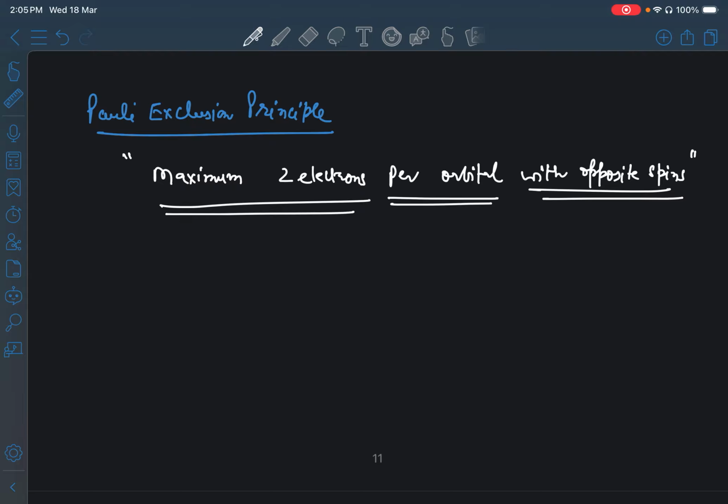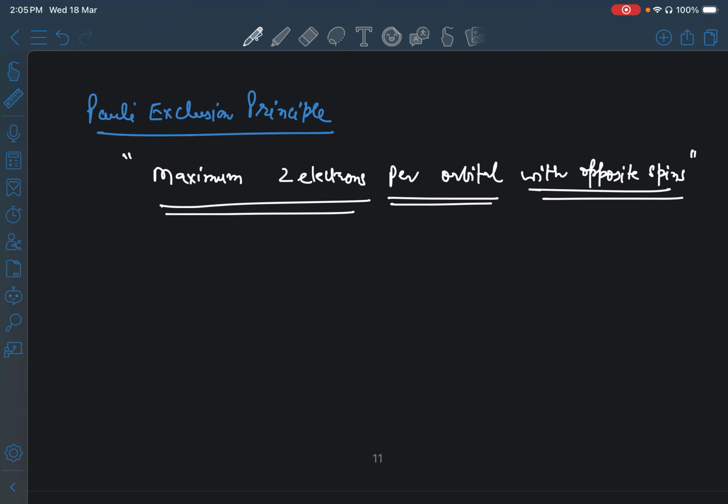You know, why only two electrons in one orbital? Because no two electrons in an atom can have the complete same set of quantum properties. All four quantum numbers, no two electrons have the same set of those quantum numbers.